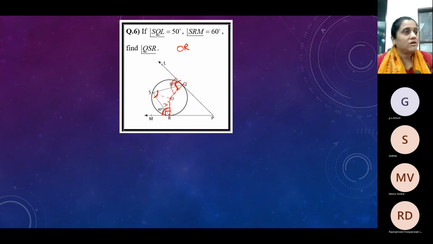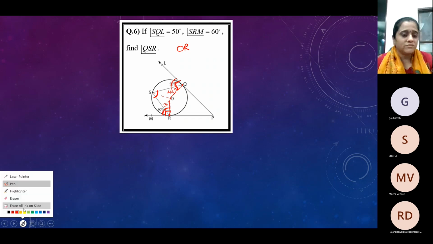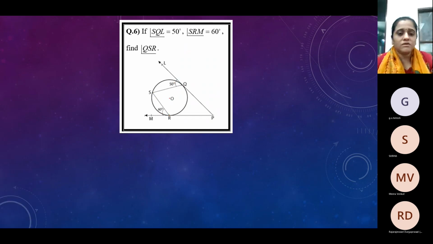So how much is the remaining part? 40 degrees. This is 40 because the full thing is 90. And this full thing is 90, so this is 30, correct?